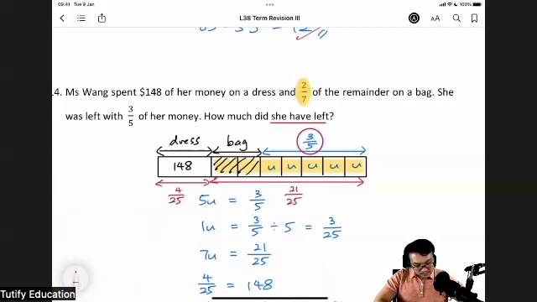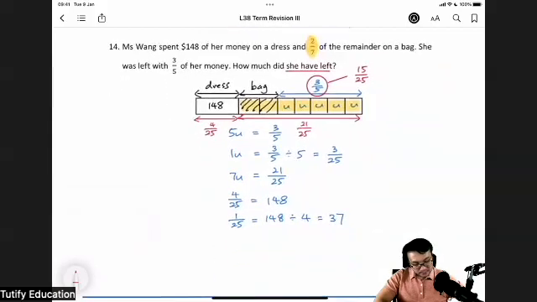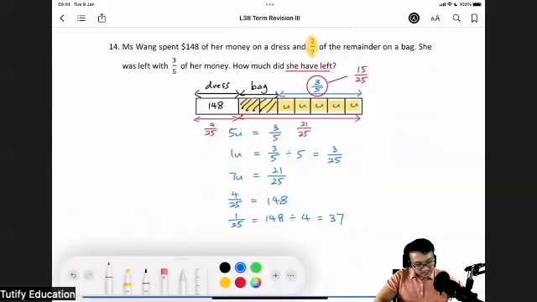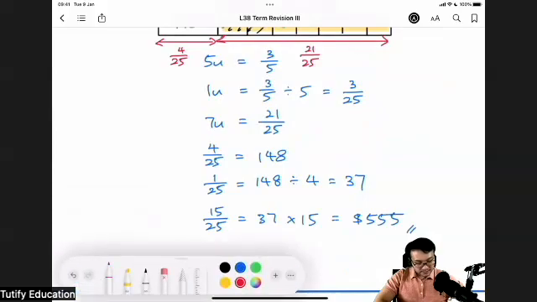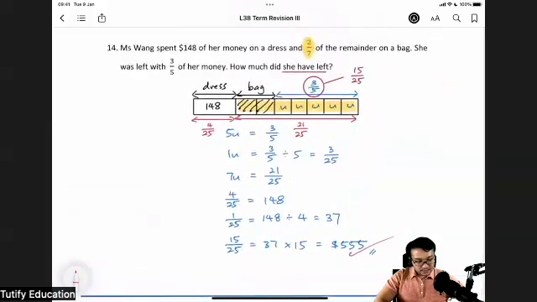Because the question said that she has 5 units left, right? So if you convert this into over 25, you'll get 15 out of 25. So that's why Talia says you need to multiply by 15. And we will have $555 left. Well done, Talia.